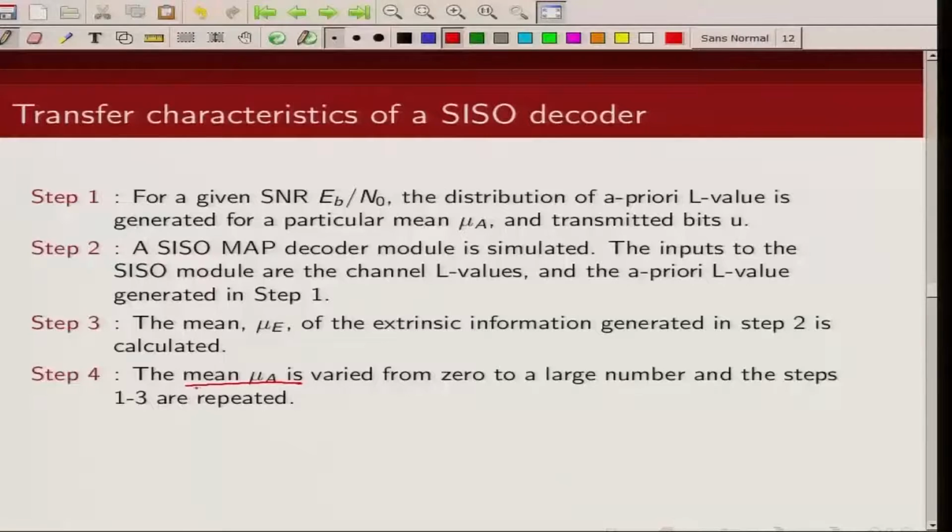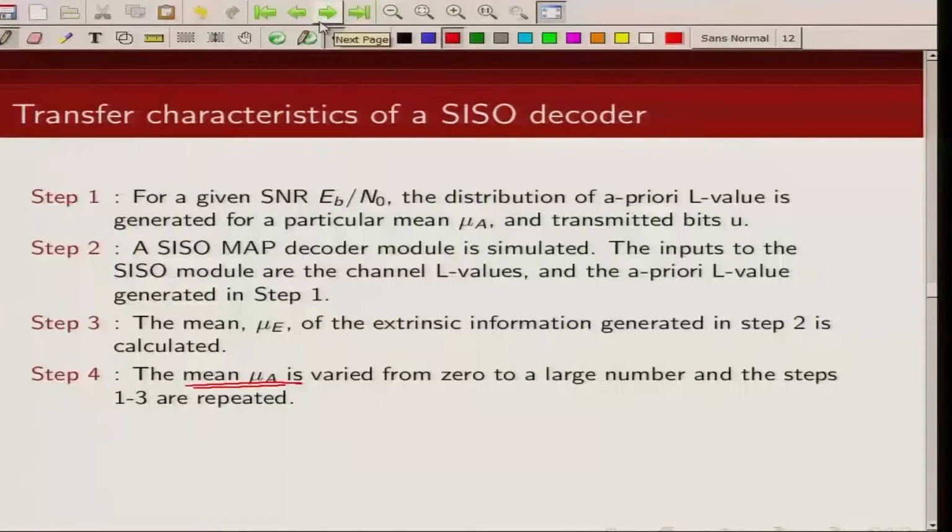Now, as I said, with iteration my a priori information is changing. So, now we are going to change the mean of the a priori information, and then we will again simulate this soft input soft output decoder and we will try to see what happens to the extrinsic information mean, how much it is growing with change in input a priori information mean.